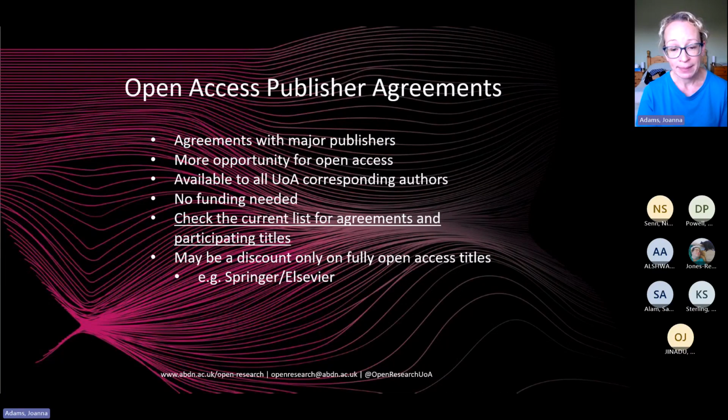But be aware that it may not include all journals, and not all of them include fully open access titles. But even if you are submitting to a journal that you think might be covered by the agreement, we still recommend that you use the rights retention just to make sure that you're covered in all eventualities.